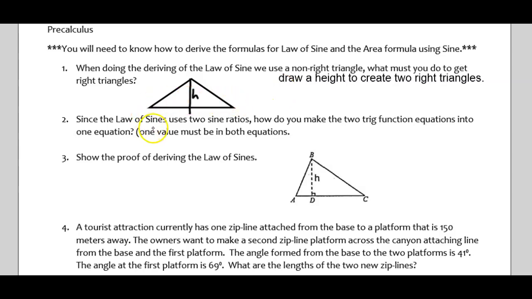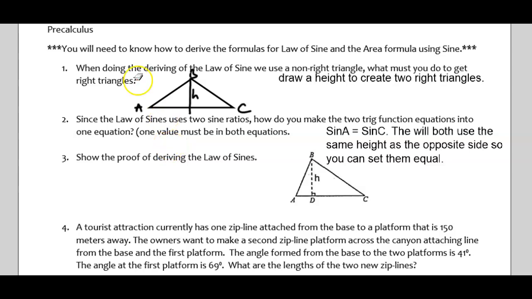Let's make this A, and we'll make this C, this is B. Sine of A equals sine of C. I'm going to show you why in a second, because sine of A is opposite over hypotenuse AB, and sine of C is opposite over hypotenuse. Sine of A and sine of C will both use the same height.